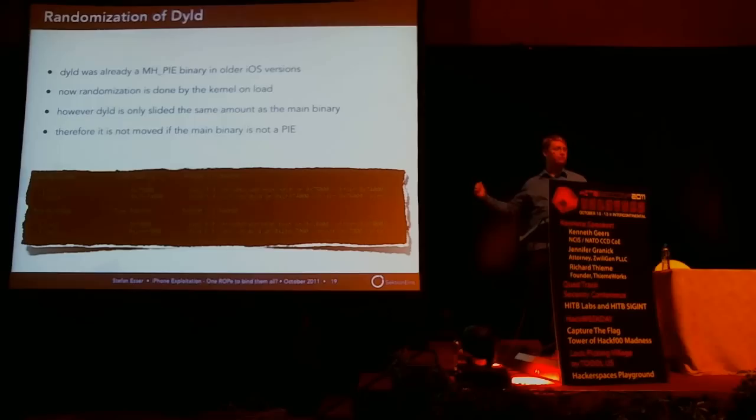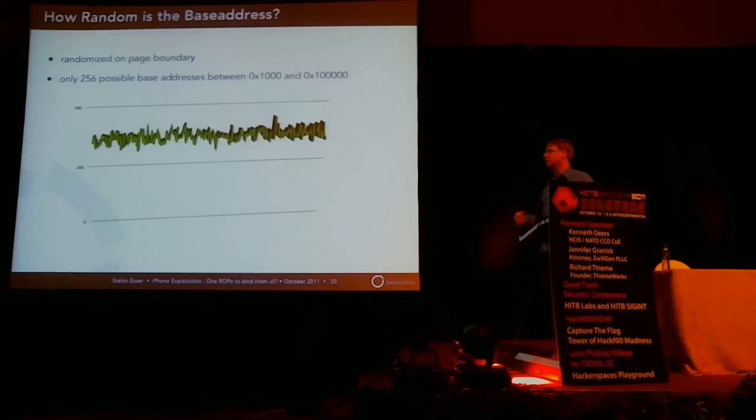So for most third-party applications at the moment, there's no shifting of the dynamic linker. And when you look into the shifting, the random number generator is good, but it only has 256 possible outcomes. So there are only 256 different positions the main binary or the dynamic linker can be moved to, if they are actually moved.